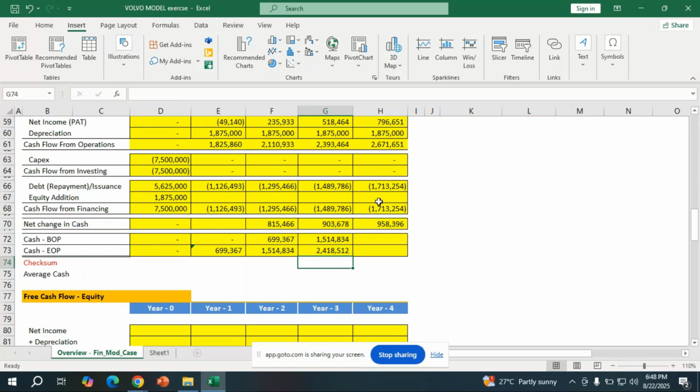Okay, so last year, like this. Again, your value will change once I put the retained profit above in the income statement.